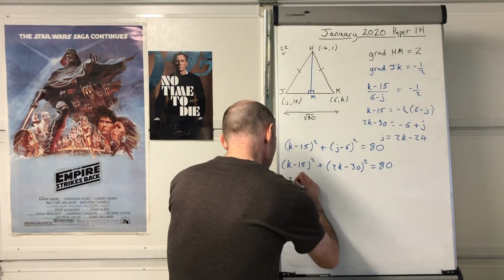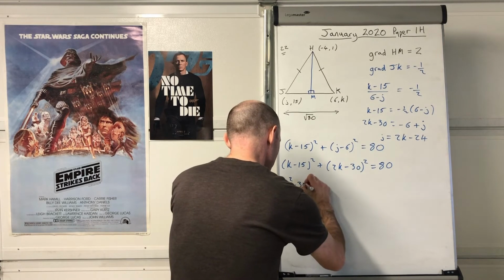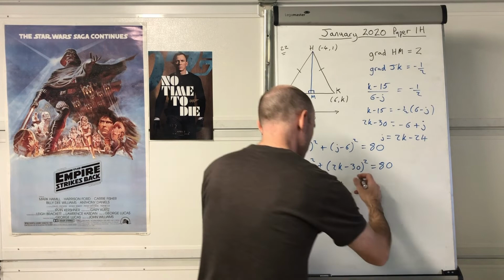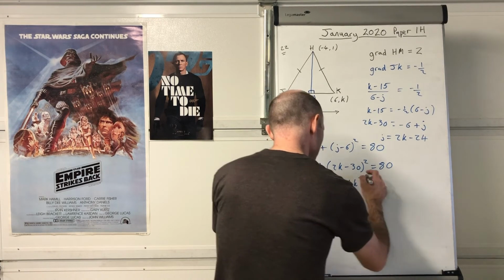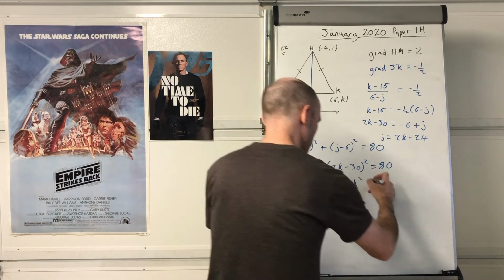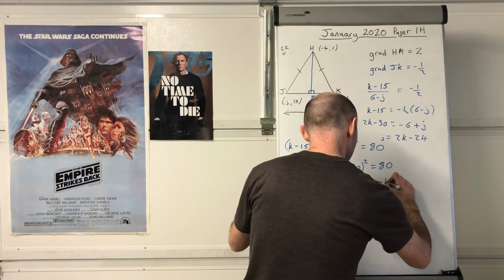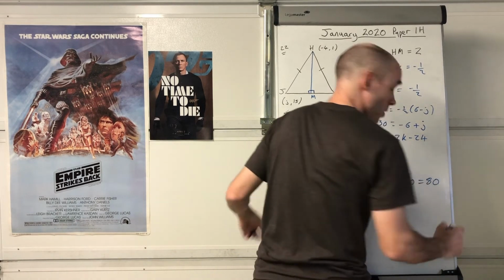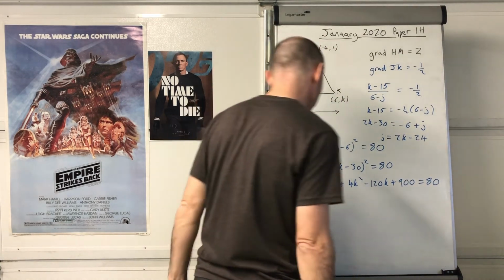So k squared minus 30k plus 225 plus, expand these brackets, 4k squared minus 60, so that's minus 120k plus 900 equals 80. I hope I didn't go too fast here. Okay.